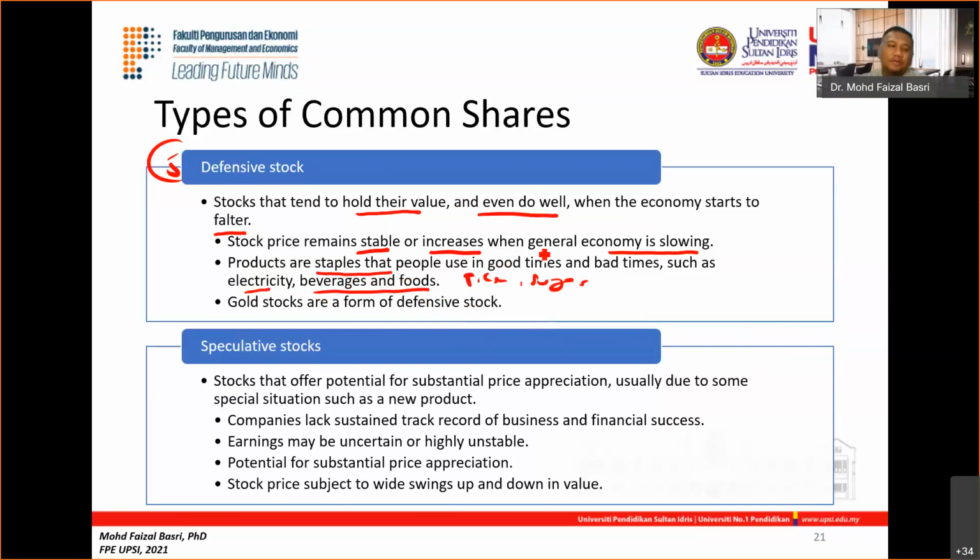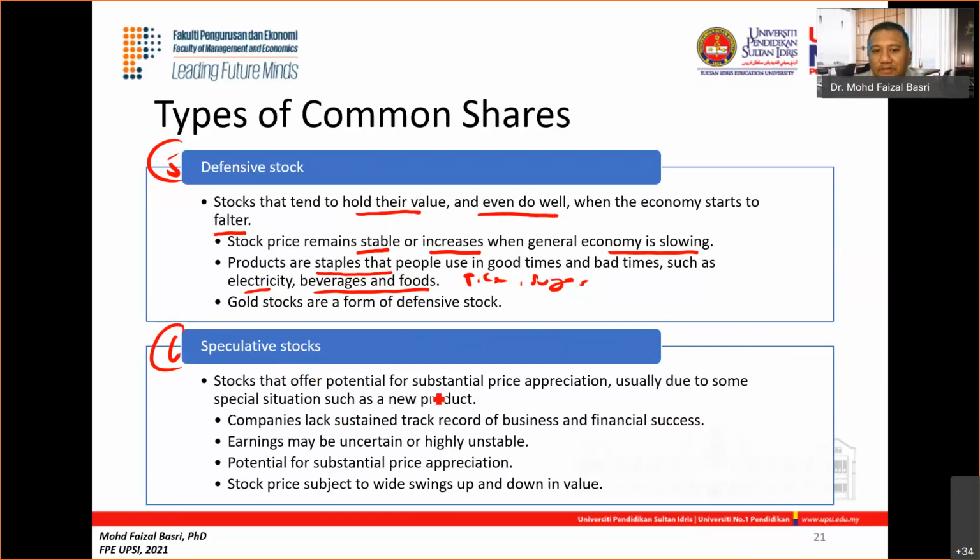Okay, so the ones that we always need. Food, right? It doesn't matter whether it's a good or bad time. You still need to purchase food, for example. So the basic necessities, not the premium ones, not the expensive ones. Okay, so gold stock is also a form of defensive. Okay, gold stocks.